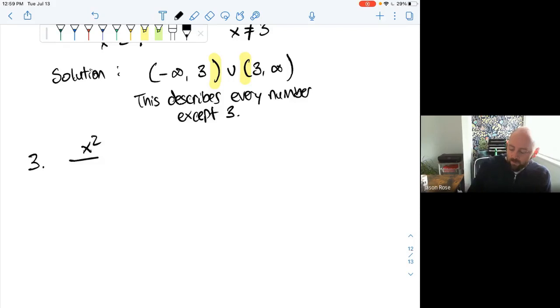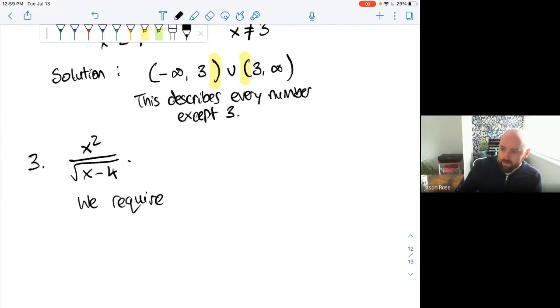What if we have the square root of x squared over x minus 4? What is a condition that I need here? This is kind of mixing up the two cases now, right? So in this case, x needs to be higher than 4. And the key part here is not equal to 4.